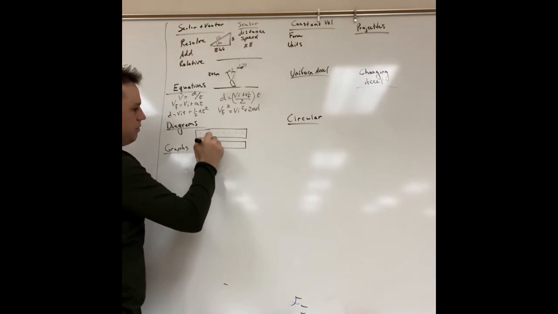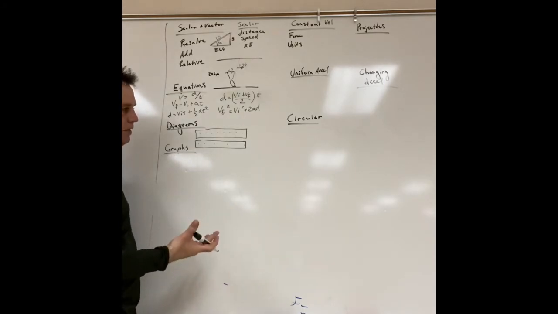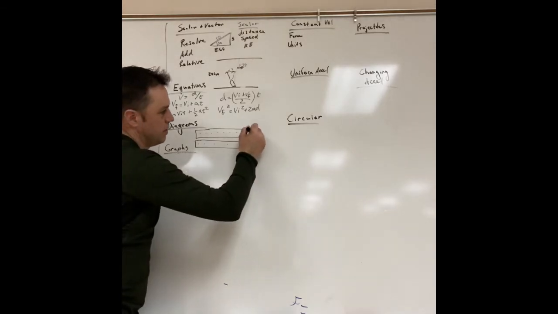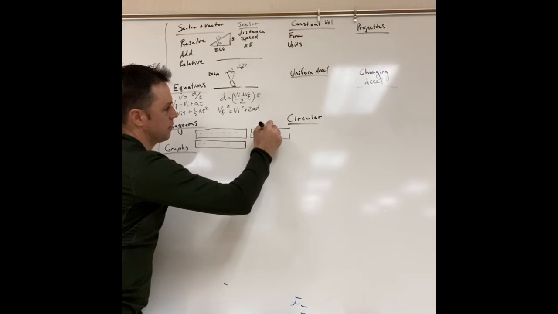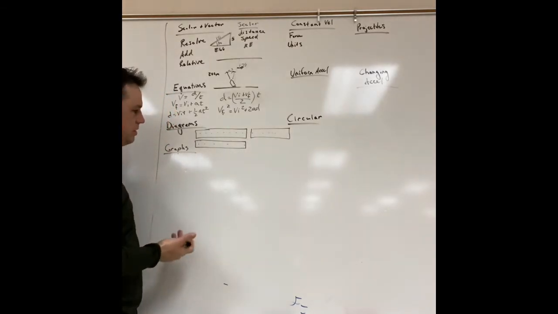If your dots were getting further and further apart, that would be uniform acceleration, a positive acceleration. If the dots started pretty far apart and then got closer and closer together, that would be deceleration, or a negative acceleration if you're going forward.